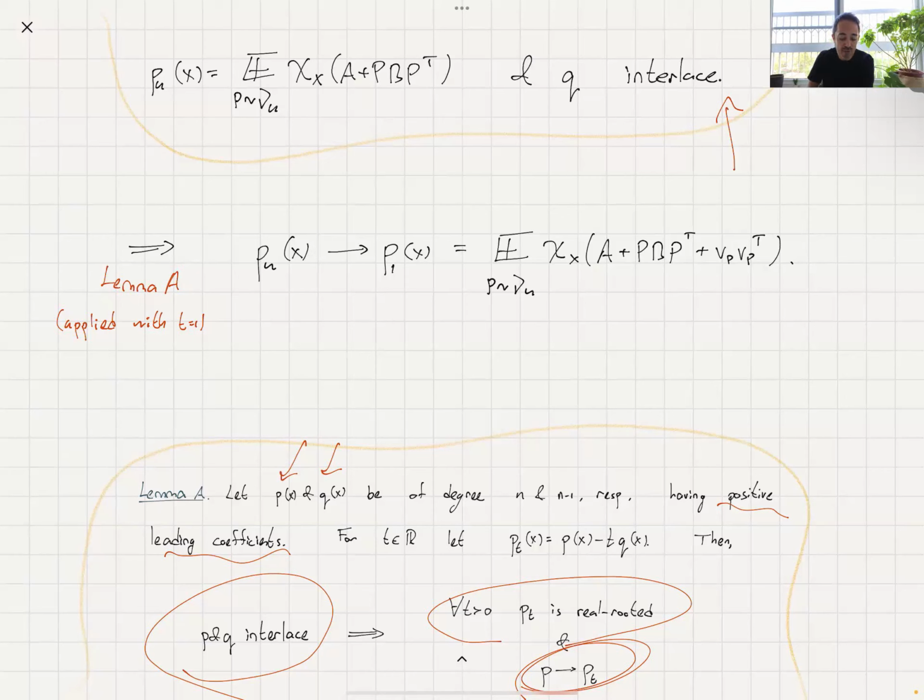And in particular for T equals 1, what this tells you is that PU of X interlaces P1 of X.